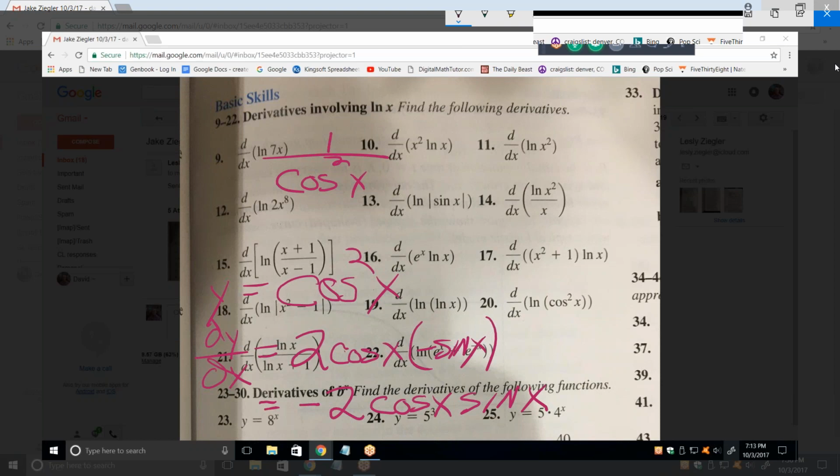But you'll notice we did have to apply the chain rule twice. We had 2 insides. Our first inside was the argument of the natural log, and then our second inside was that cosine of x, which is the inside of that function on its own. So I believe this is the first time we've had to apply the chain rule twice.